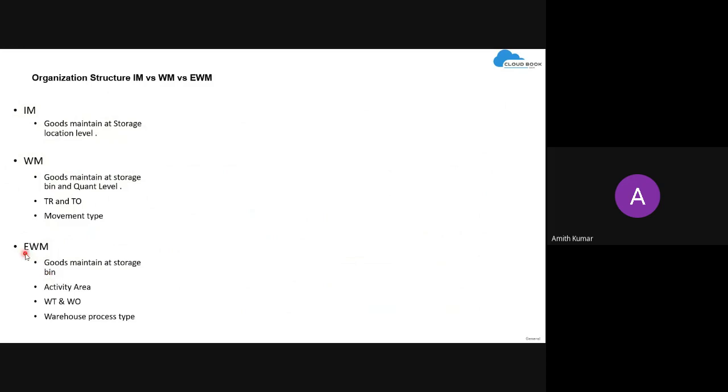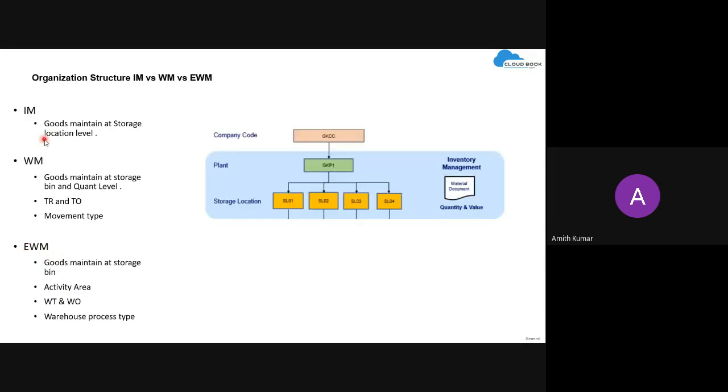But how it is different from WM is because in EWM there are a lot of new functionalities which are introduced, which help business to manage their work very efficiently. Okay, which help business to implement all their strategies very efficiently, like when to pick, what to pick, in which area it needs to be stored. So all those new features are available in EWM. So that we will see going forward. Yeah. But this is the high level difference between the IM, WM, and EWM.